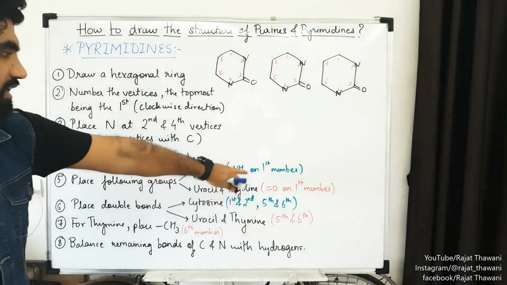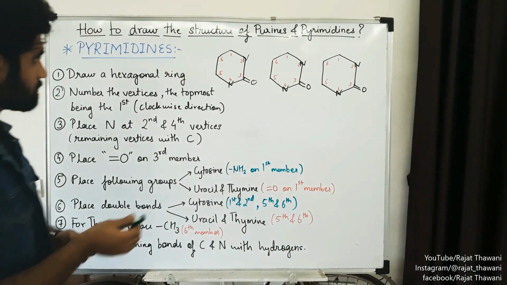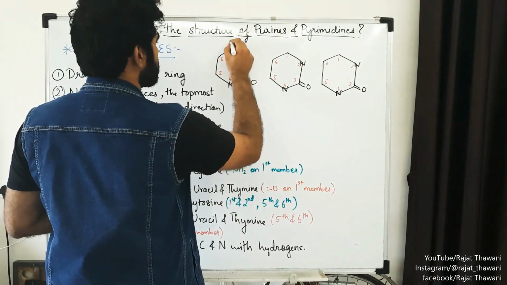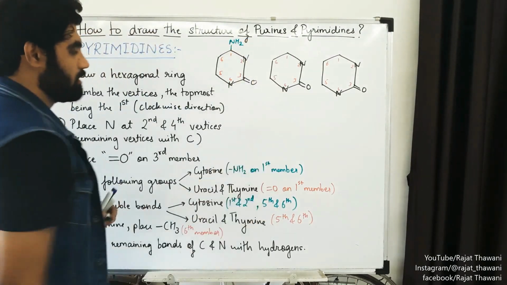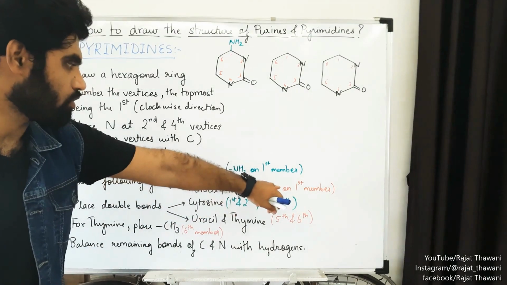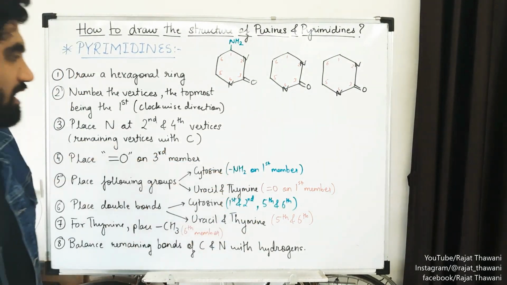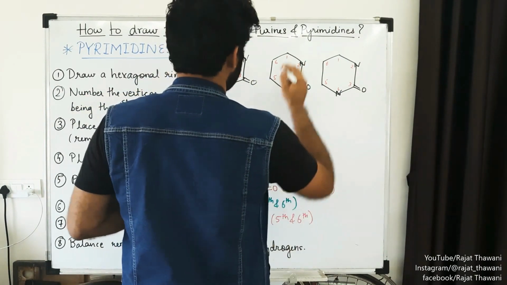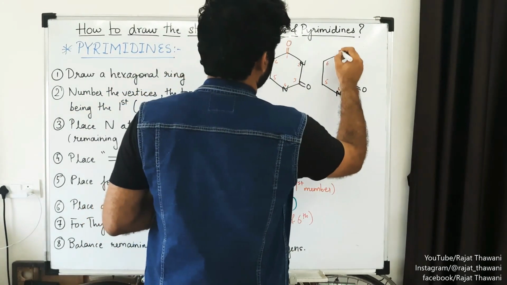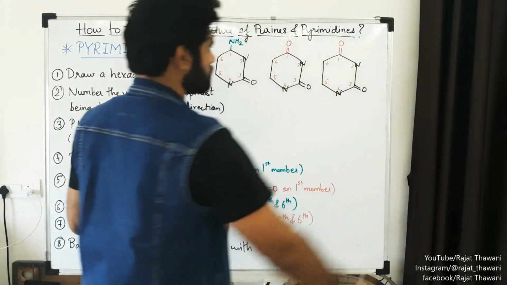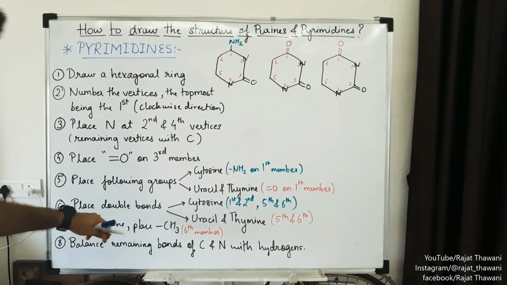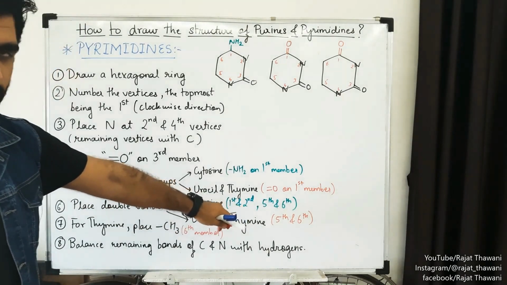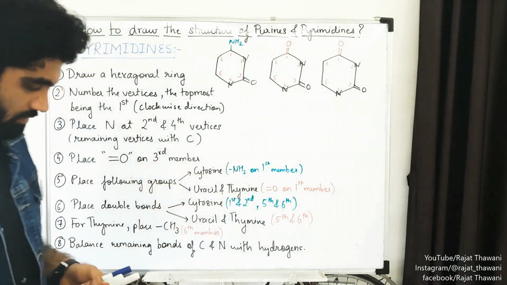For cytosine, NH2 on first. So let's place this. I'll take this as cytosine, so here I'll place NH2. For uracil as well as thymine, double bond O on first member. So for them, let's place double bond O, double bond O. Next point says place double bonds for cytosine between first and second vertex and fifth and sixth.